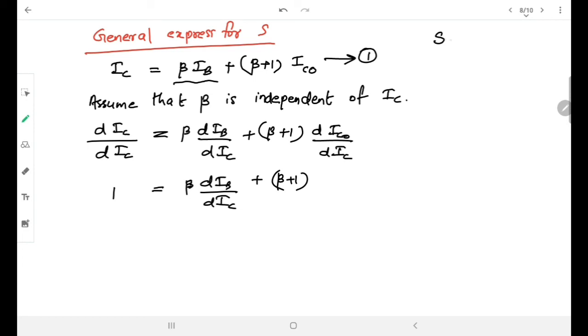What is S? S is defined as dIC by dICO, that is the ratio of change in collector current to the change in collector leakage current.